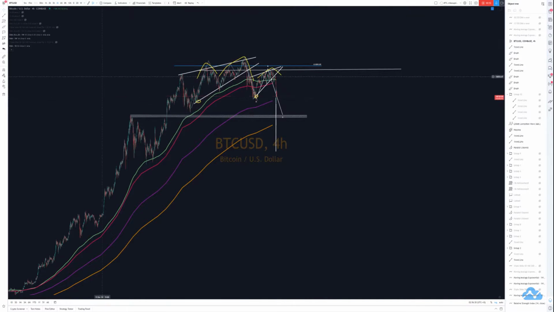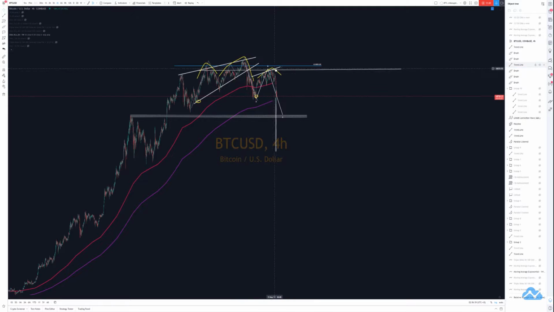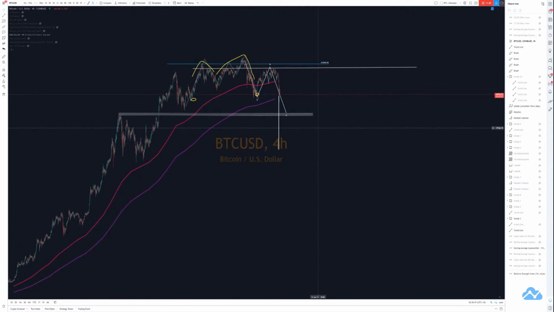Let's look at some other perspective. Let's just clear all these lines because there are just too many of them. It's hard to read up to a point. So I want to see where this head and shoulders neckline is.